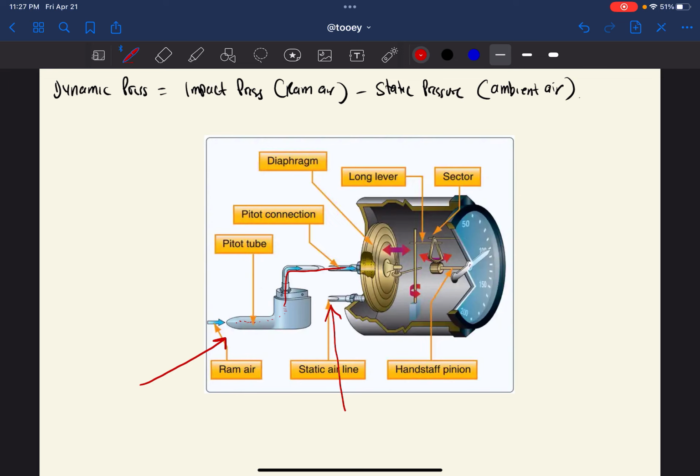This pitot tube is connected directly to the diaphragm, which will expand and contract depending on the ram air that is taken, while the static line is connected directly to the sealed casing right here. That casing will always have static pressure, and it compares it to the ram air, and these mechanical linkages will move accordingly and give you airspeed. Trying to make this as simple as possible.